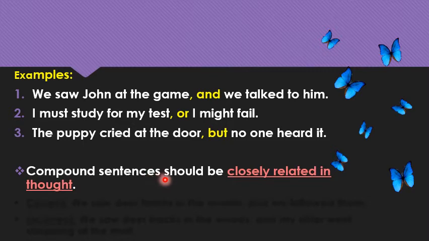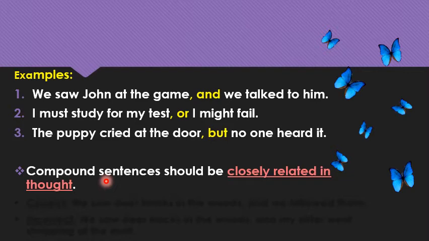Compound sentences should be closely related in thought. So when I have two sentences together, they should be related in thought. Like they should have the same idea. Or we can say they should be talking about the same idea, okay? Because compound sentences should be closely related.